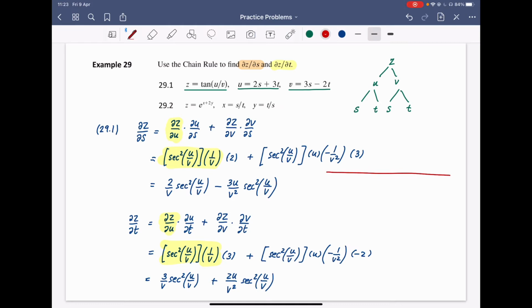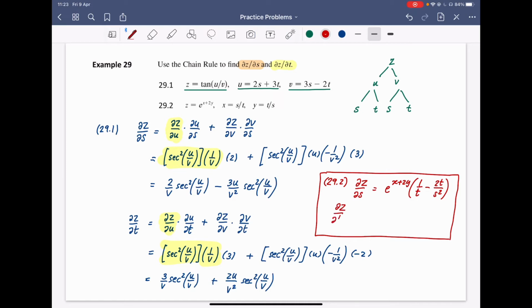So the solution is to differentiate C with respect to S: you get e^(x+2y) times (1 minus t)(1/t minus 2t/s²). And with respect to t, you get e^(x+2y) times (negative s/t² plus 2/s).